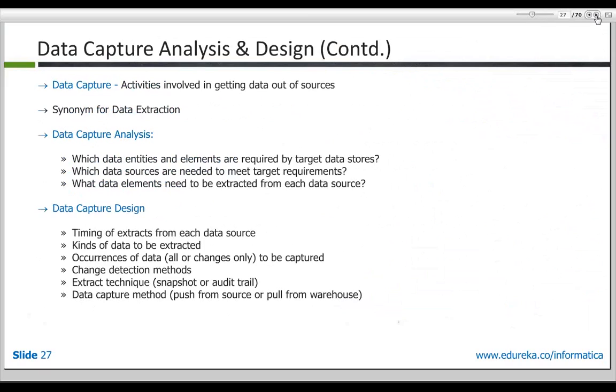So you have to identify clear filters, or if you are dealing with a transactional system, you have to identify that you fetch the information day-wise, or from the last extract onwards only, not the whole information, because it will save you a lot of time. So the capture strategy should be clearly defined.